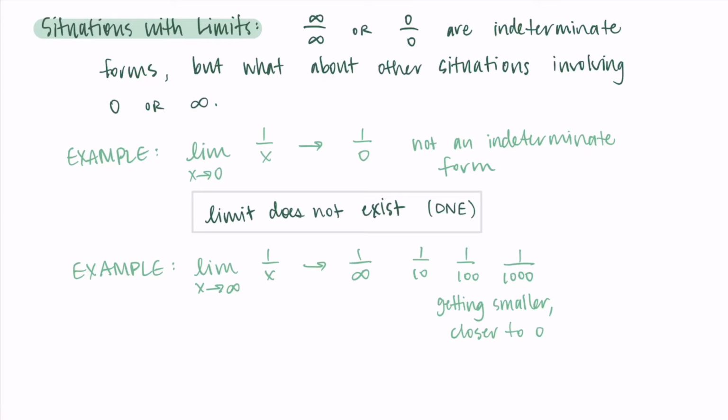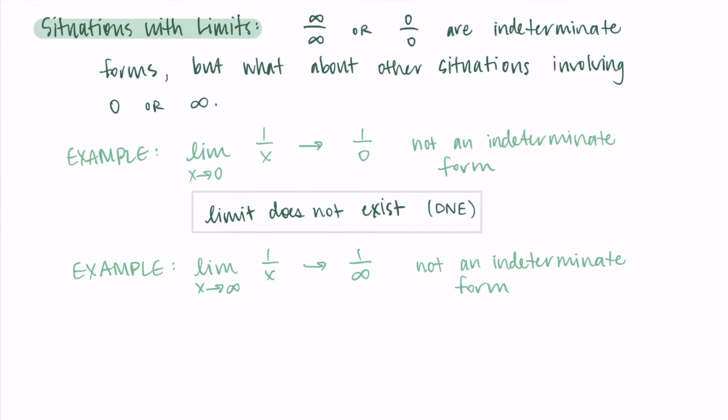You can imagine if we had 1 pizza and we just kept dividing it into pieces over and over again, increasing the number of pieces we did, we'd eventually have pieces that basically had no size. The pieces would get smaller and smaller indefinitely. So this is not an indeterminate form, but it does have a solution, and that solution is 0.